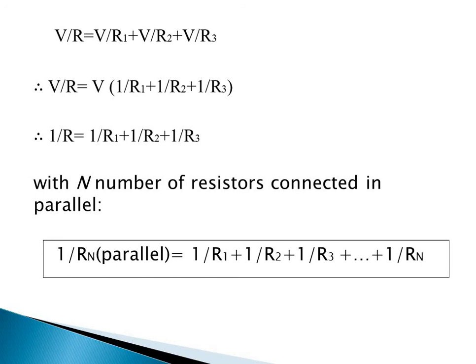For n number of resistors connected in parallel, 1 upon R n parallel is equal to 1 upon R1 plus 1 upon R2 plus 1 upon R3 up to n number of resistors. From this equation, we get that the reciprocal of equivalent resistance in parallel combination is the algebraic sum of the reciprocals of individual resistances in that combination.